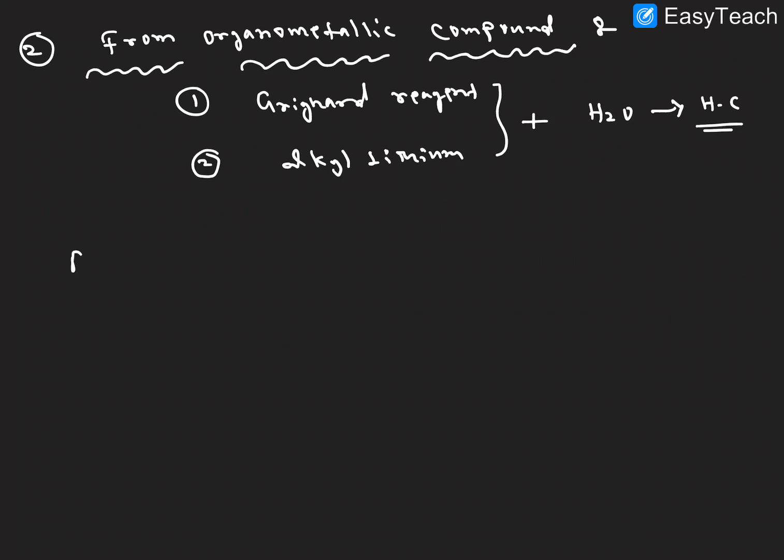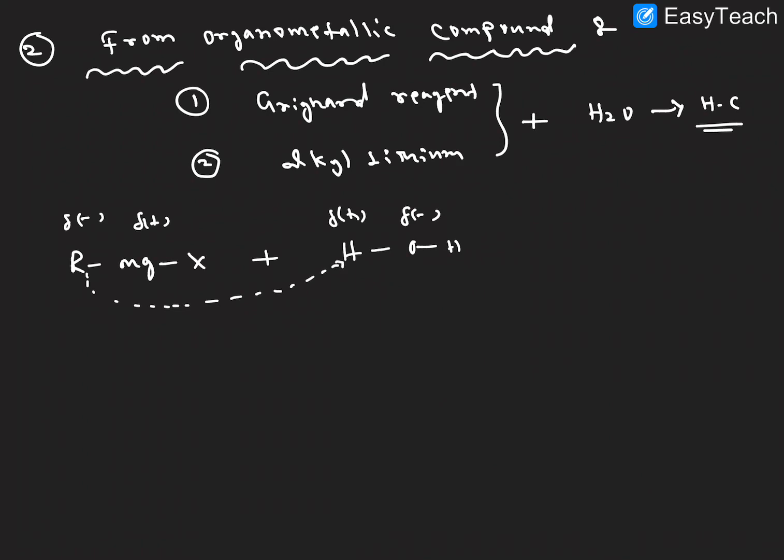First I am taking the Grignard reagent, RMgX. We know that this has a partially negative charge and a partially positive charge, treated with H2O. Water is also partially positive and partially negative. So this abstracts the proton from here, and the remaining part combines with OH minus.